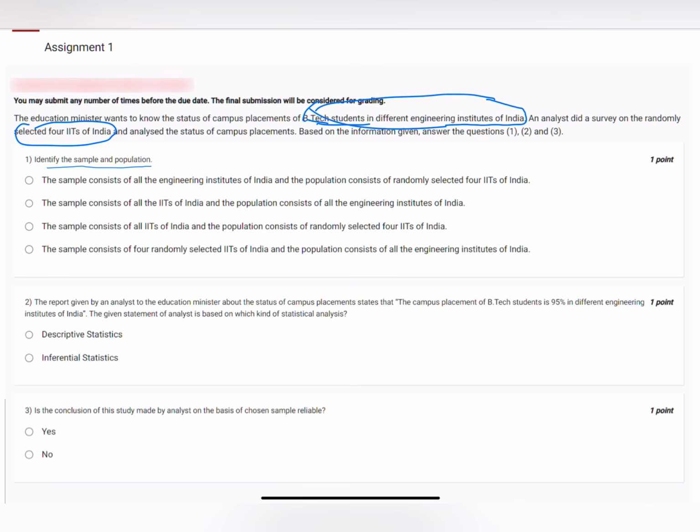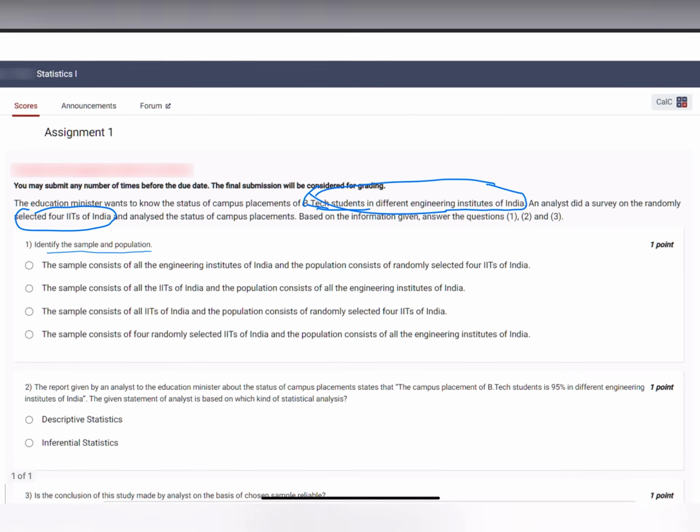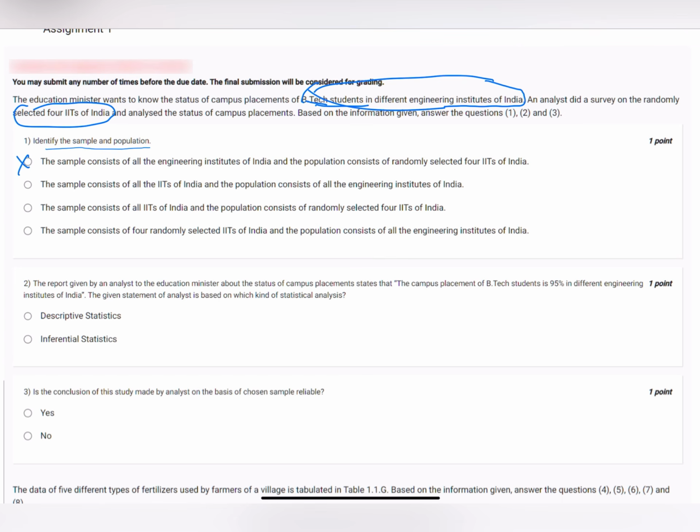The first option is the sample consists of all the engineering institutes of India and population consists of randomly selected. This cannot be the case as it violates our population and sample definition. The sample consists of IITs of India and the population consists of Engineering Institute of India. Here it's not talking about the 4 institutes, so this is also not the case.